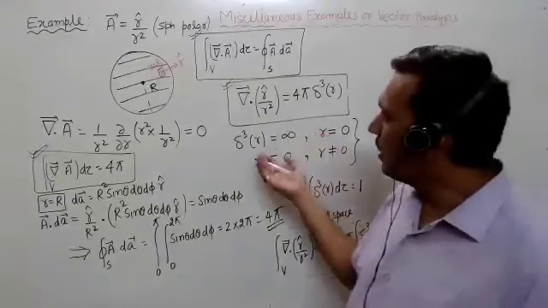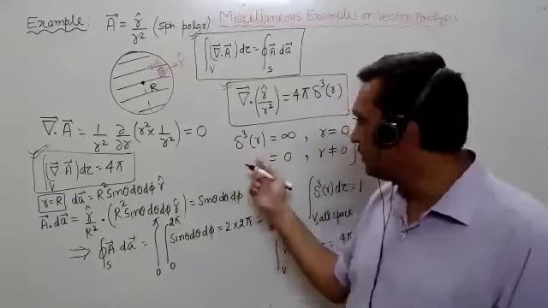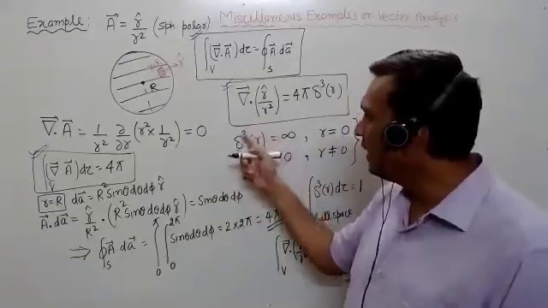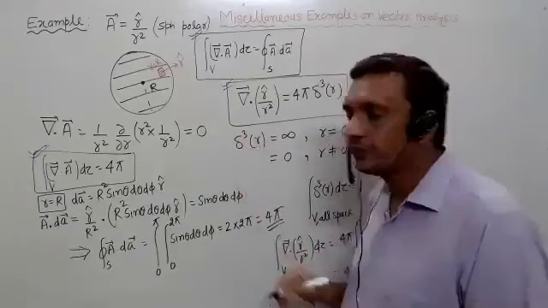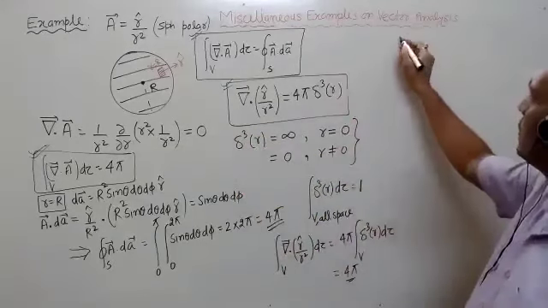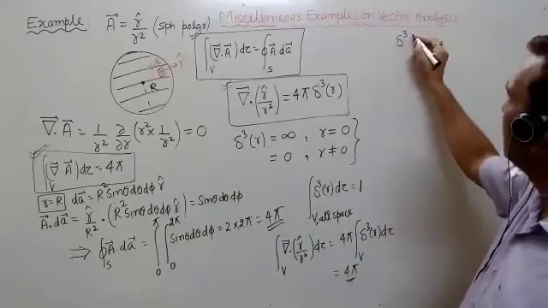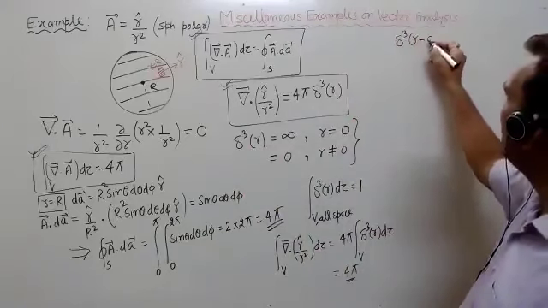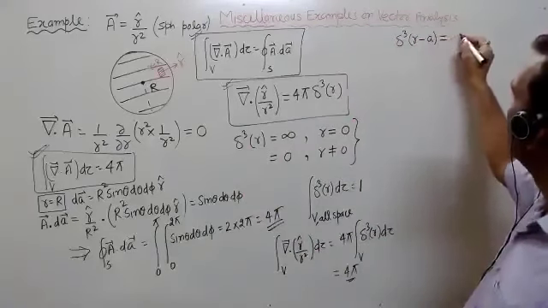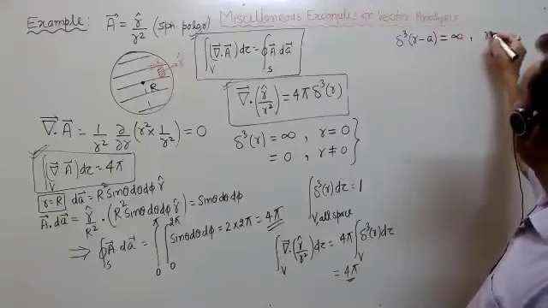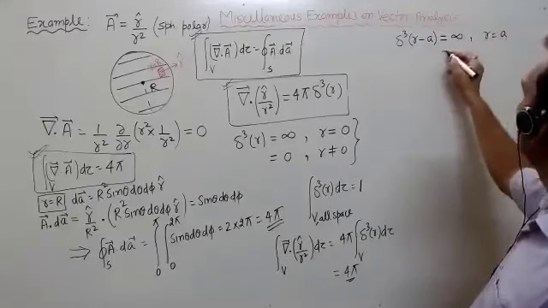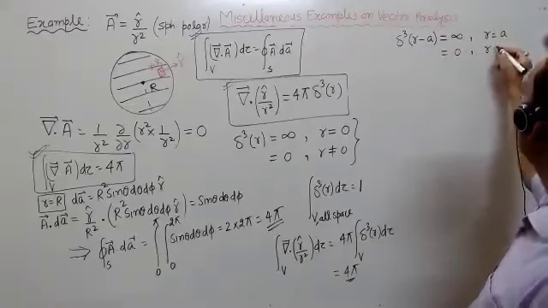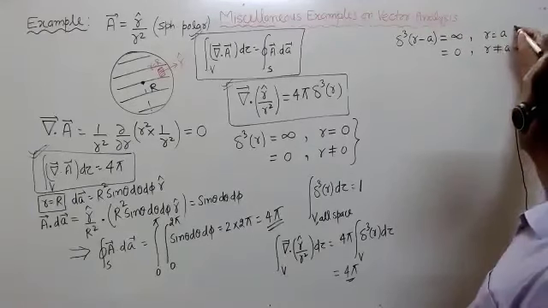You can see some other properties of the Dirac delta function. In this case, this is defined at r is equal to 0. We can also define the Dirac delta function at other points. For example, delta r minus a. So this will be infinity at r is equal to a, and this will be 0 when r is not equal to a.